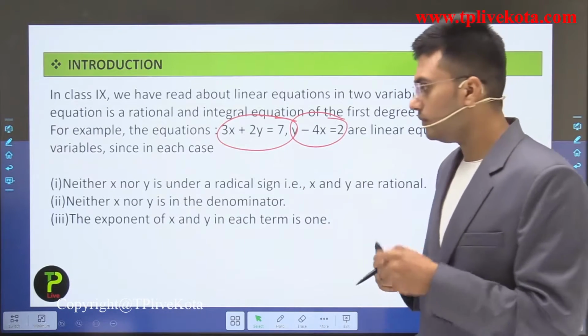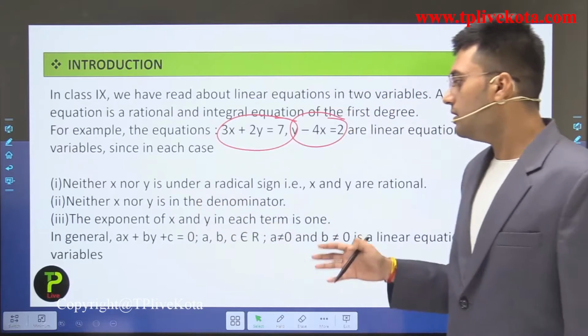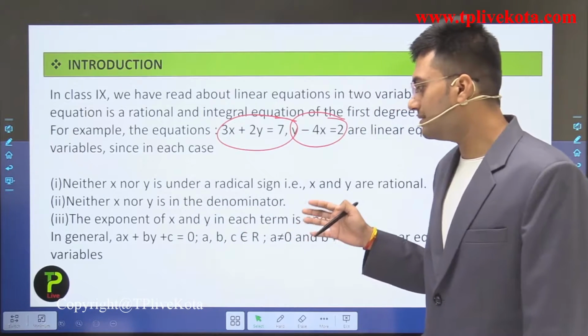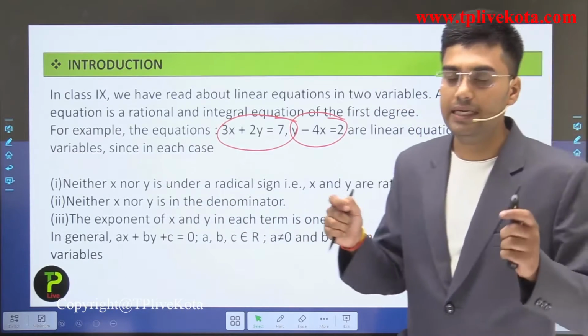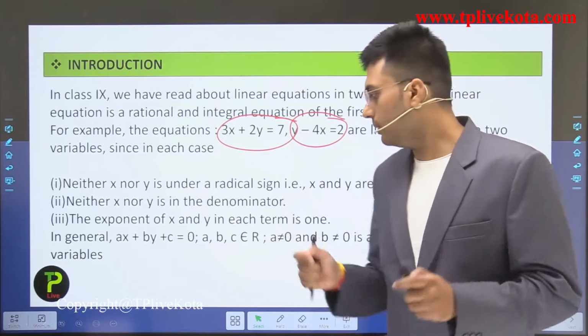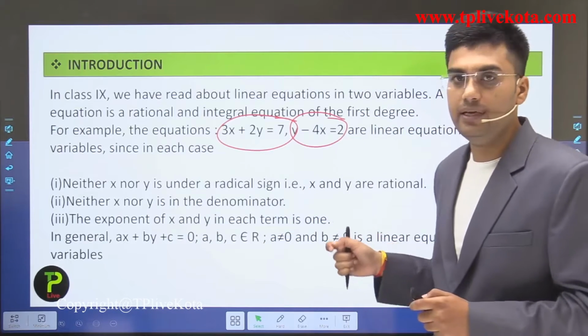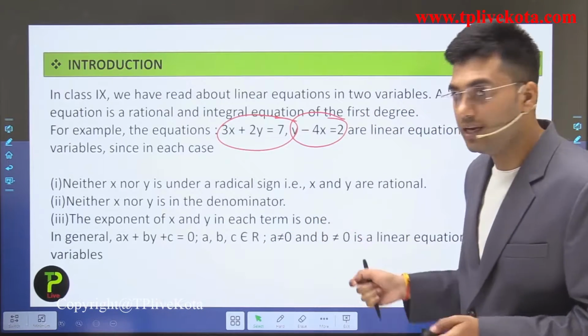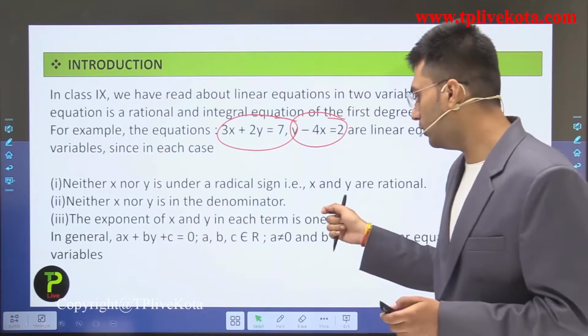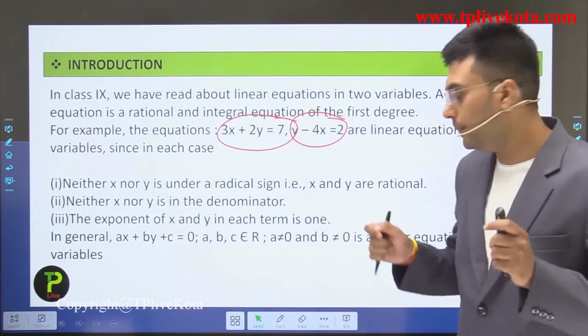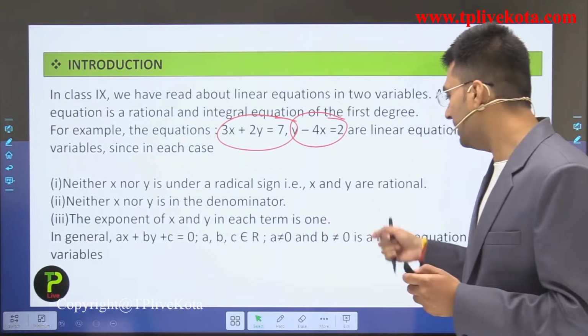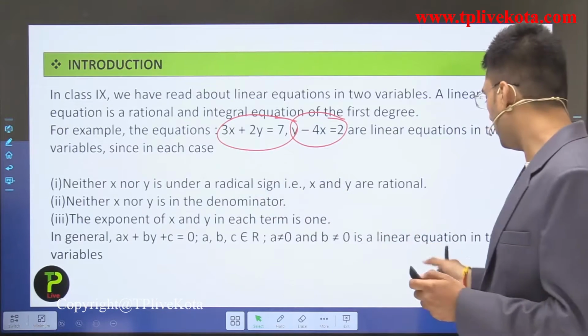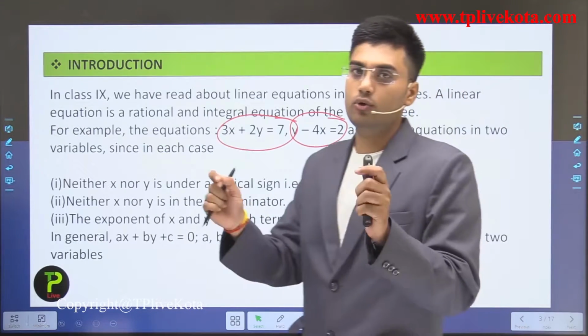In general, ax plus by plus c equals 0 is a linear equation in two variables where a, b, c belong to real numbers and a should not be equal to 0 and b should not be equal to 0. It is the standard form of a linear equation in two variables.